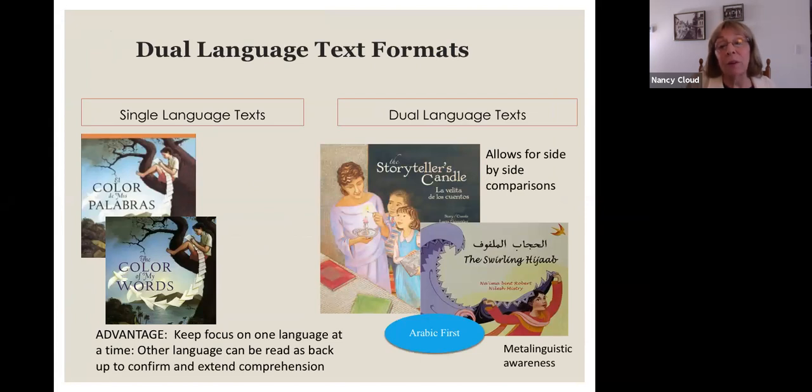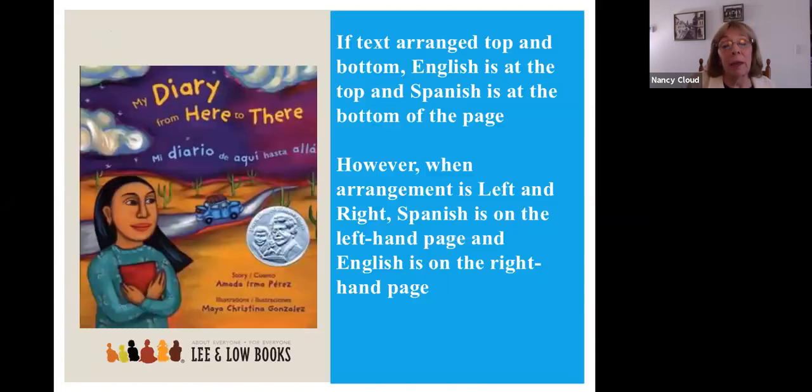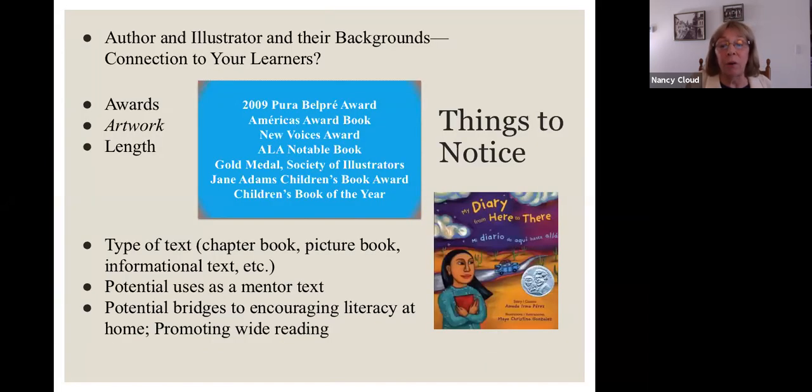That book is a story about Pura Belpré, and now they've created an award in her name, and every year, by the American Library Association, it is awarded to a book that honors Pura Belpré and the work that she did. So there are a lot of other awards other than Caldecott awards.